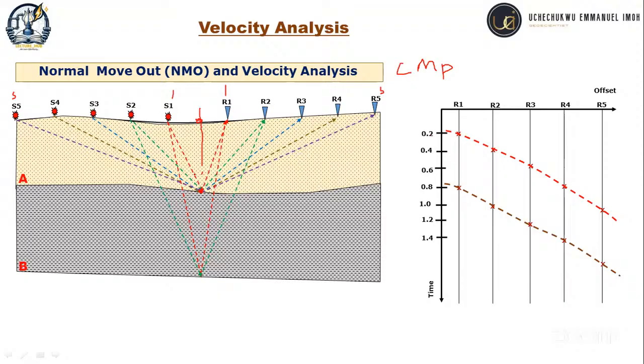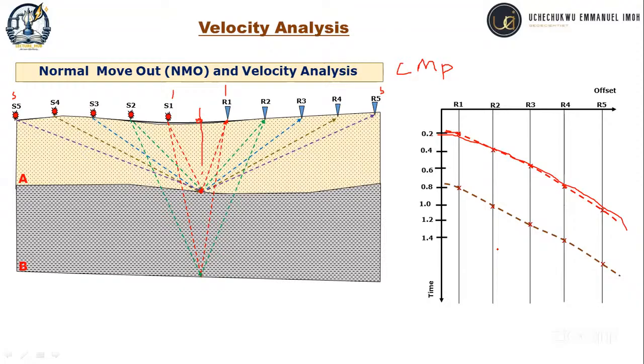So if you look at the arrival time from shot 1 to receiver 1, shot 2 to receiver 2, the arrival time of the seismic wave keeps changing, even though their common midpoint remains constant. So if you plot that on a graph, you get a somewhat hyperbolic shape like the one I'm showing you here.